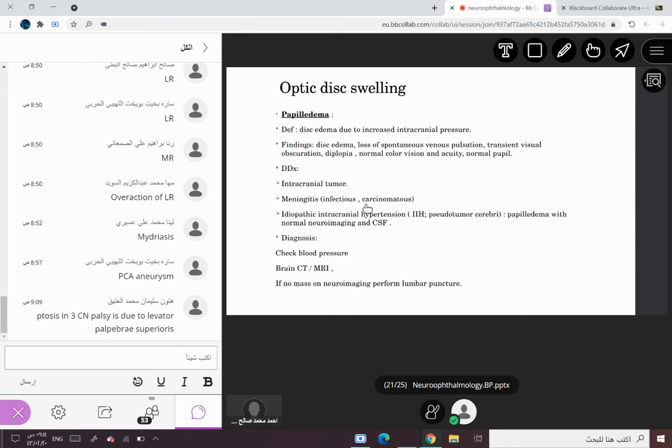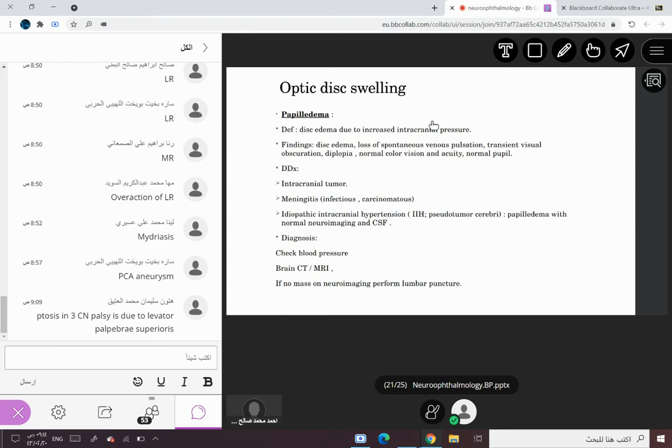Let's take some of these diseases, like papilledema. Papilledema is defined as disc edema due to increased intracranial pressure. And I would like you to differentiate or to name things correctly.